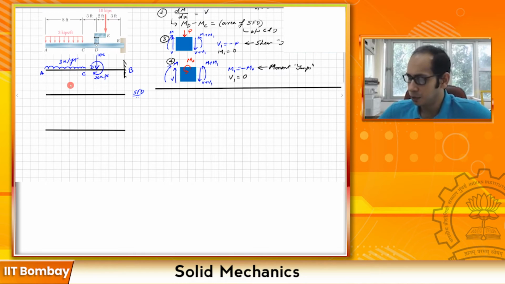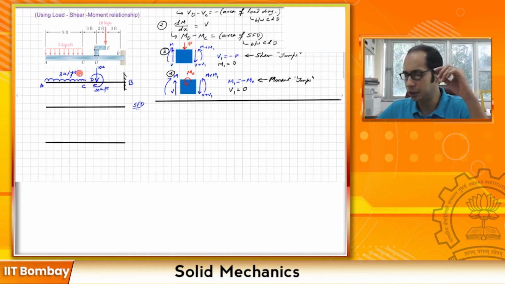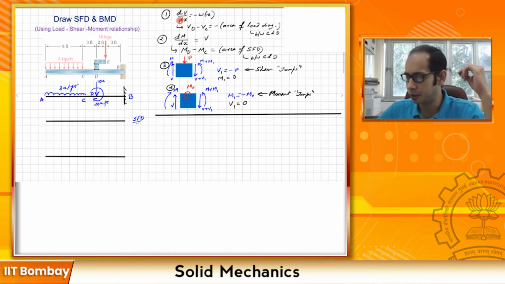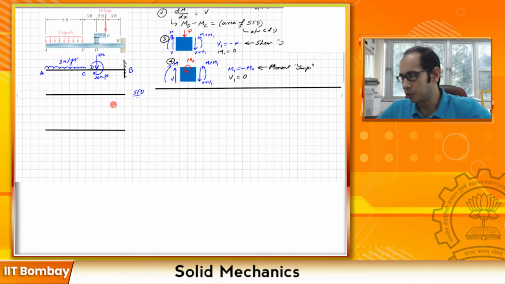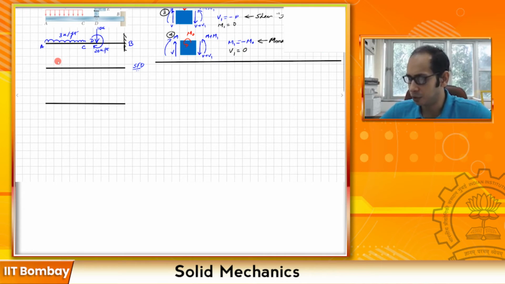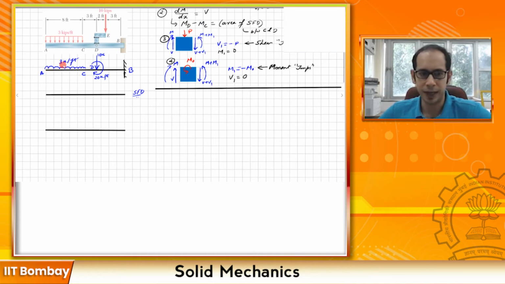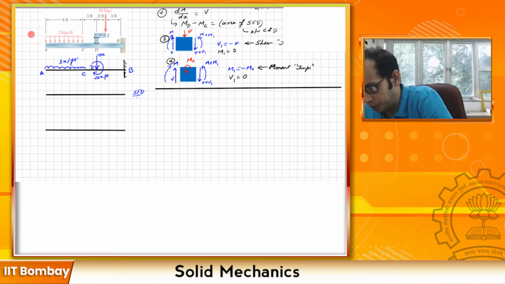Okay, so when we are dealing with the shear force, essentially we have one relationship here. This is relationship 1, relationship 3. So let's see which one to make use of. First you have this uniformly distributed load, which is acting from A to C. Let me go ahead and draw my guidelines as well to help me draw neat shear force diagrams and bending moment diagrams.